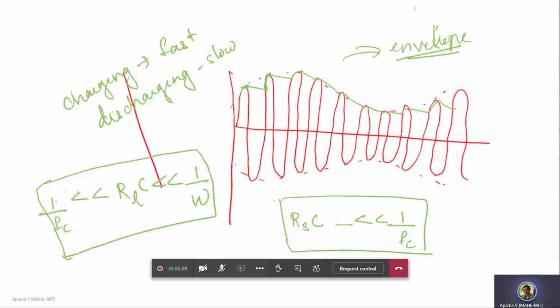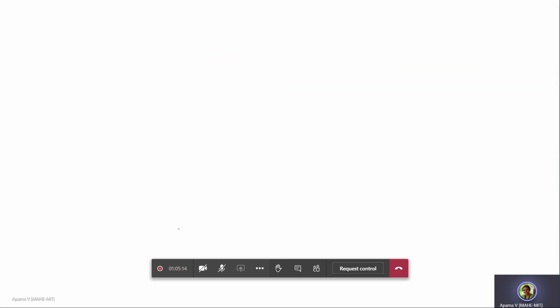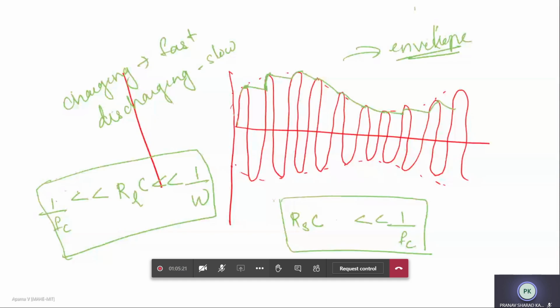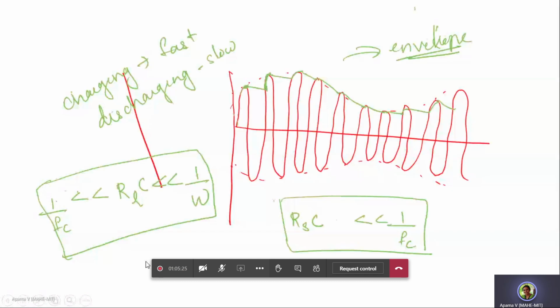Okay, so this is about envelope detection. Are you okay with it? What was the omega there? This W is the message bandwidth.